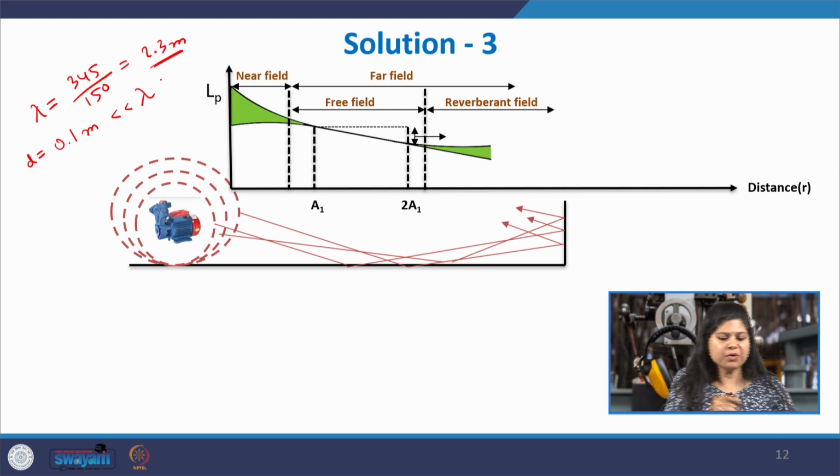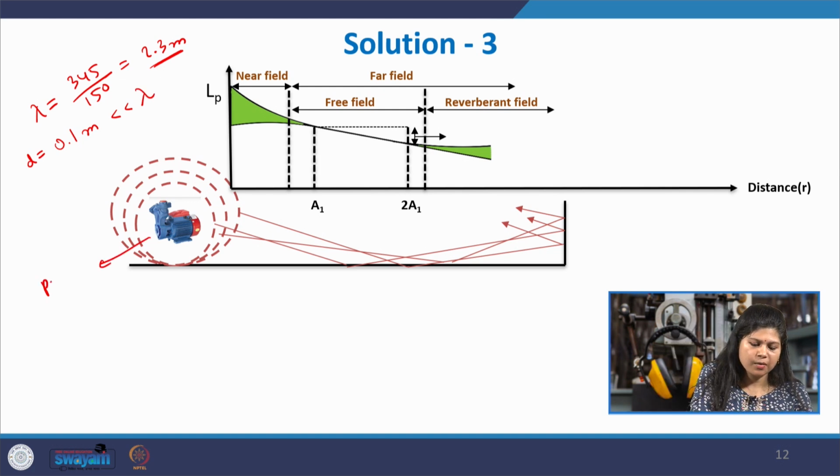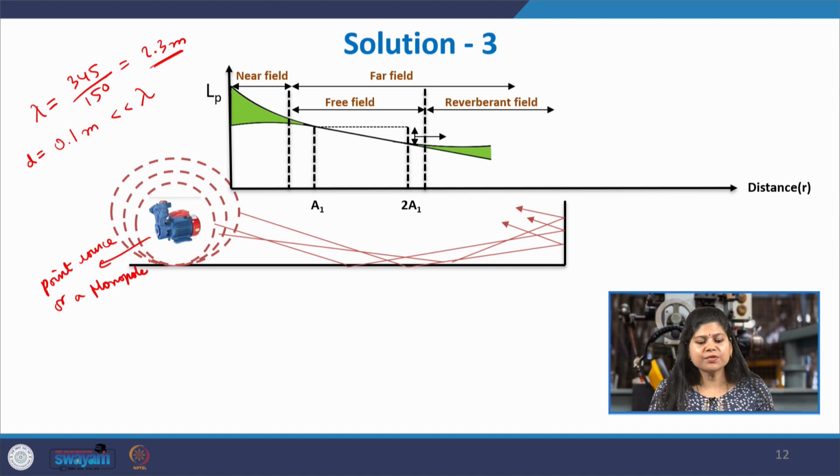So, the source behaves as a point source or a monopole. In the free field it should propagate a spherical wave front.